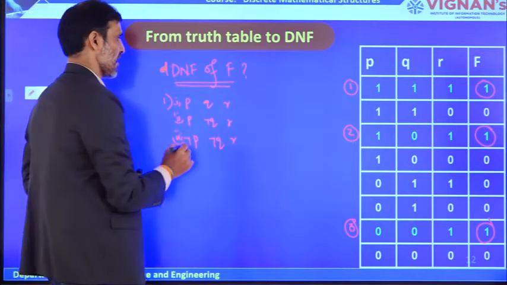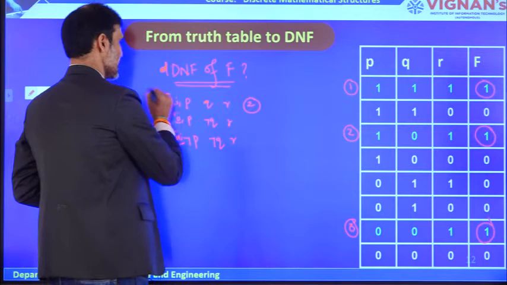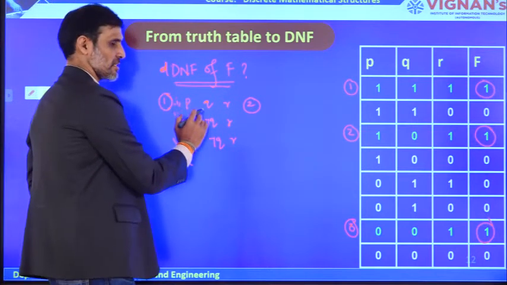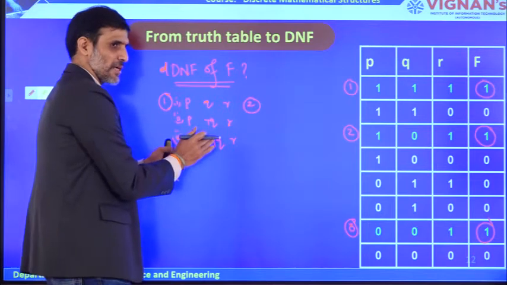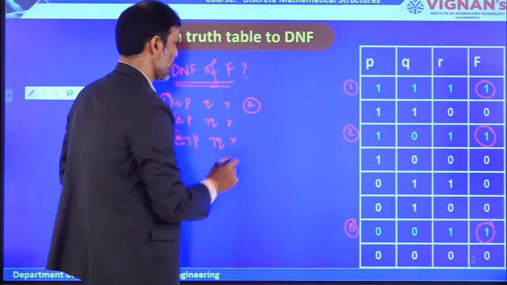Once you get the first step, what do you have to do in the second step? In the second step, write these assignments in the form of minterms. How do we write that?